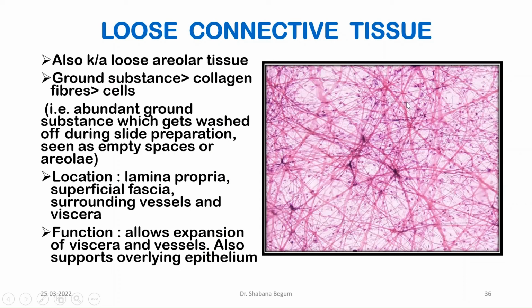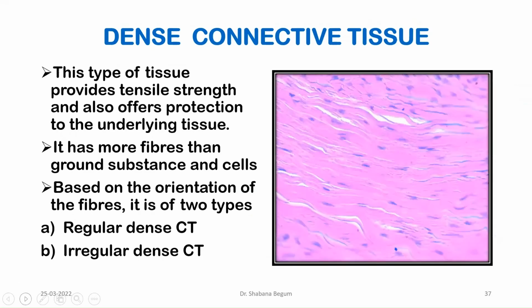There is abundant ground substance, but it gets washed off during tissue preparation, and it gives an empty appearance. It is present in the superficial fascia, lamina propria, and in the space surrounding the vessels and the viscera, and it allows their expansion. It also helps to support the overlying epithelium.